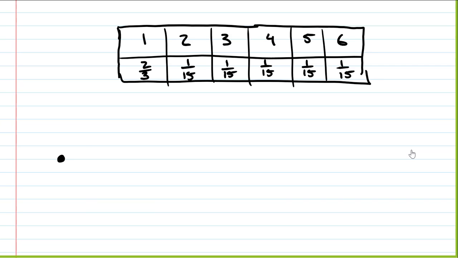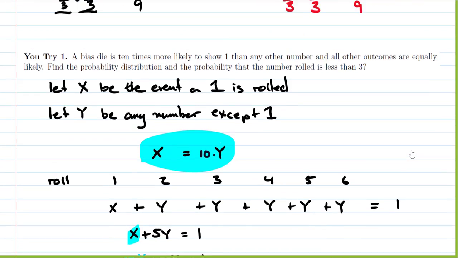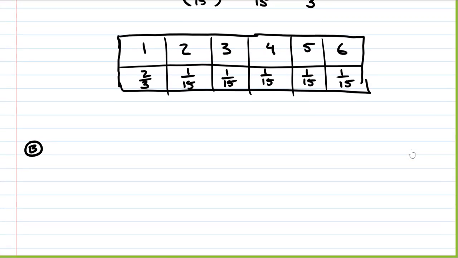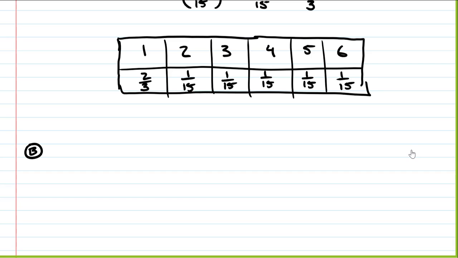So then, for part B, we were asked, well, what's the probability that a number rolled is less than 3?